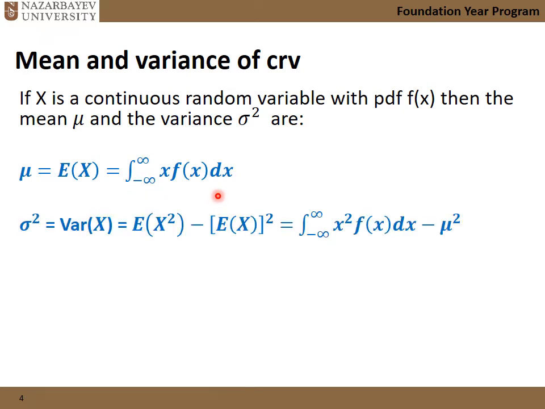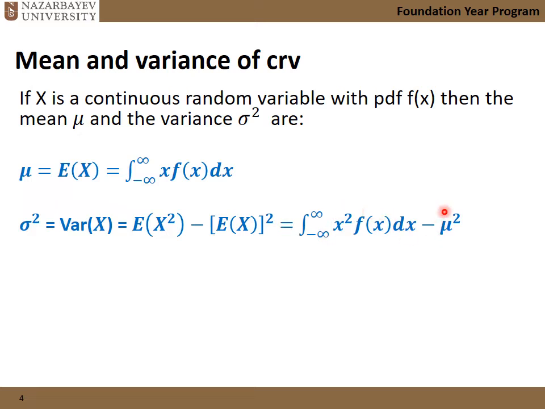To get the variance, we need to multiply the PDF by x squared, and then perform the integral. We are going to get a finite number, as I said, because for all the cases we are going to deal with in this lecture and the seminar, the limits will be just finite numbers.